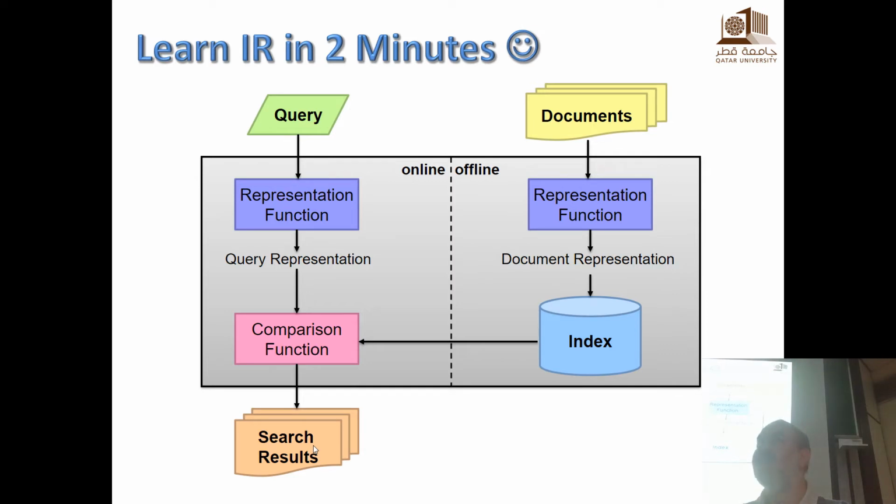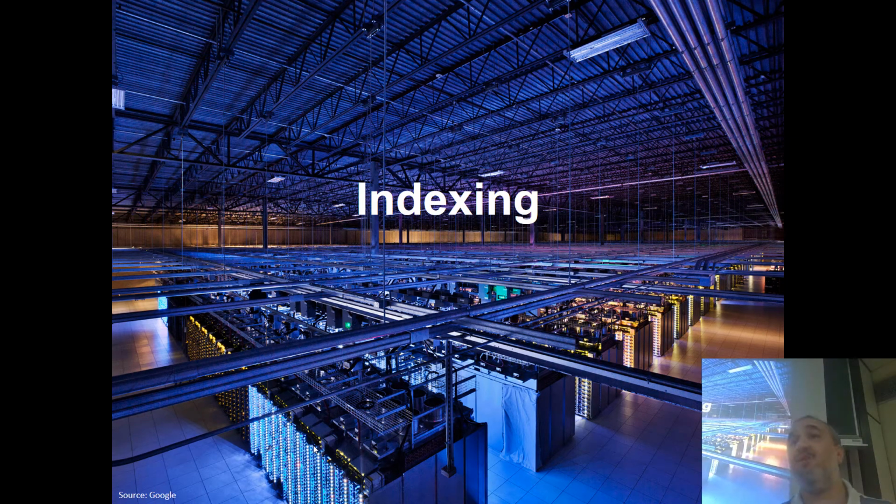Now, if we are talking about MapReduce, where do you think MapReduce will fit in here? In the offline side, right? Because we said MapReduce is good for batch processing. Although, as I told you earlier, there are some attempts that use MapReduce for the online side, mainly it is for the offline side. So what we will do next is to focus on indexing.